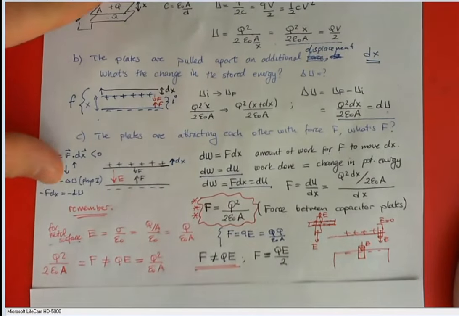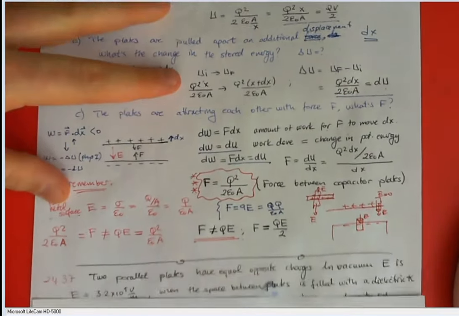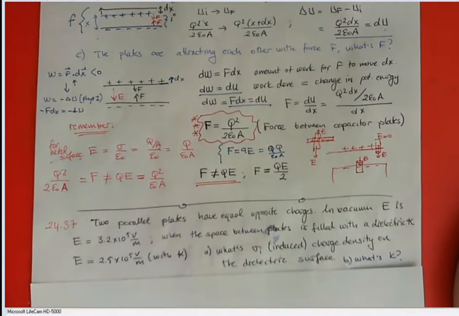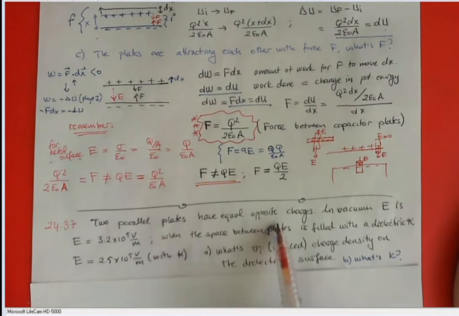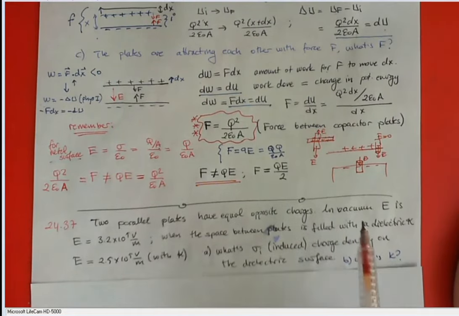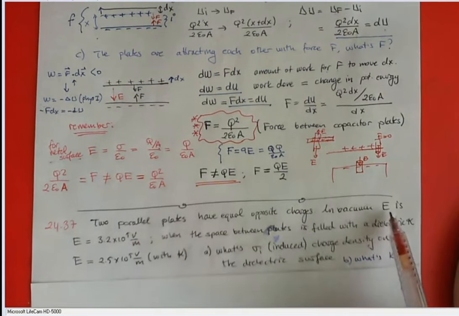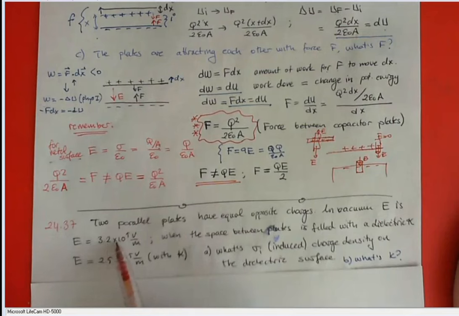Okay, our next question. Two parallel plates have equal and opposite charges in vacuum. The electric field between the capacitor plates in vacuum is 3.2 times 10 to the 5 volts per meter.